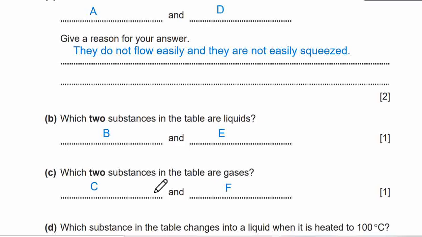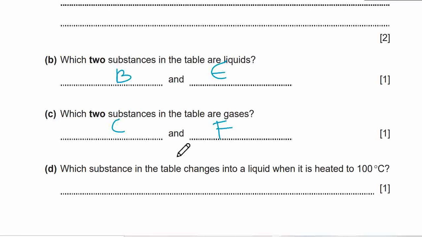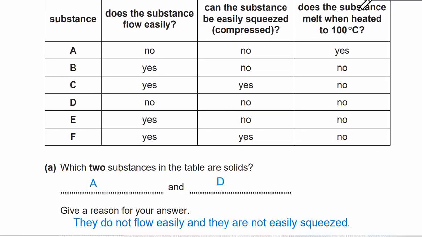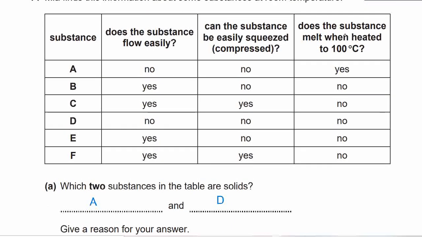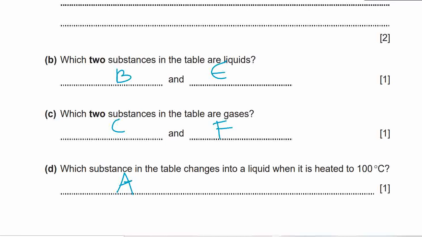So the answer is C and F. Question D. Which substance in the table changes into liquid when it is heated to 100 degrees Celsius? See from the table, the substance that melts at 100 degrees when heated. The answer is yes for substance A. So the answer will be A.